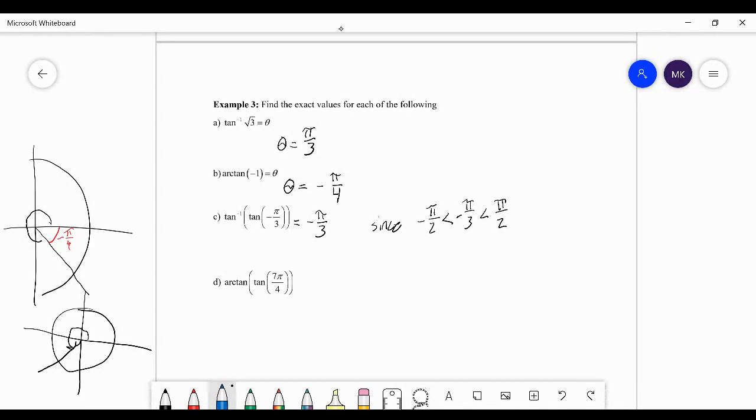In the third quadrant, both our x and y values are negative. So this tangent value would be positive, which means what we would be looking for is this angle here. And so we need to be aware of how we're using these angles and how we're finding these similar angles within our range.